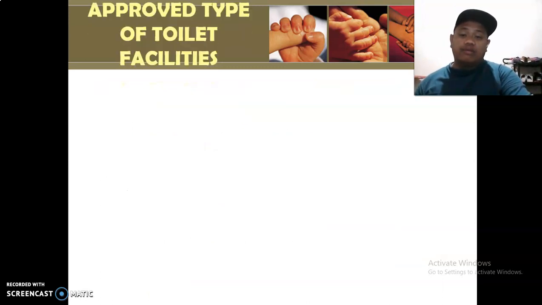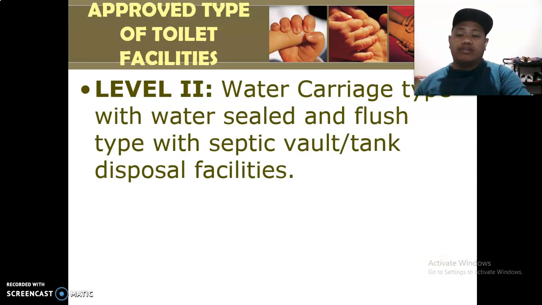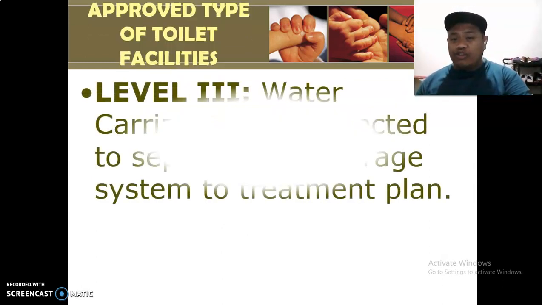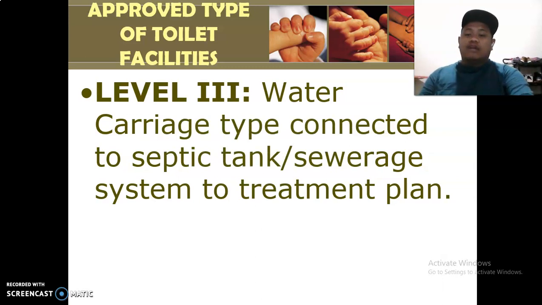For the level 2 naman po, we have your water carriage type with water sealed and flush type with own septic tank po ito. So ito yung mga individual toilet na meron tayo sa bahay. And level 3 naman po, kung medyo social ang iyong CR, nakakabit siya sa ating sewerage system.